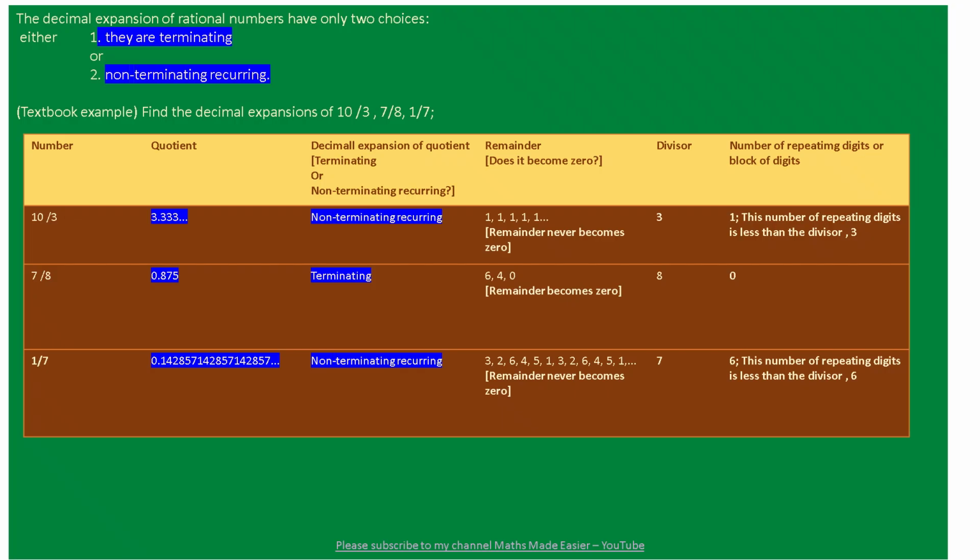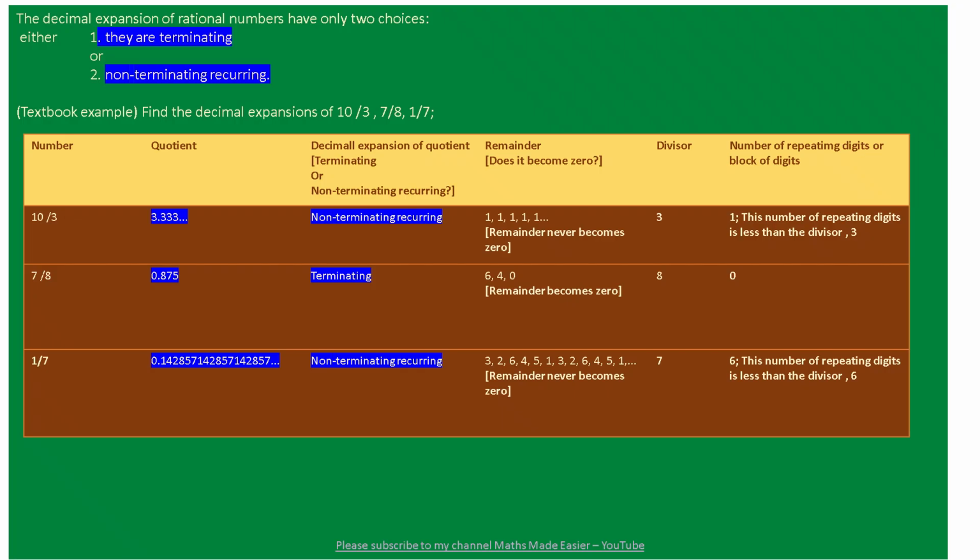Let's look into some examples of rational decimal expansions. If you divide 10 by 3, where the divisor is 3, the quotient becomes 3.333 and so on. This is a case where the quotient is non-terminating and it is recurring. Which is the recurring digit here? It is 3.